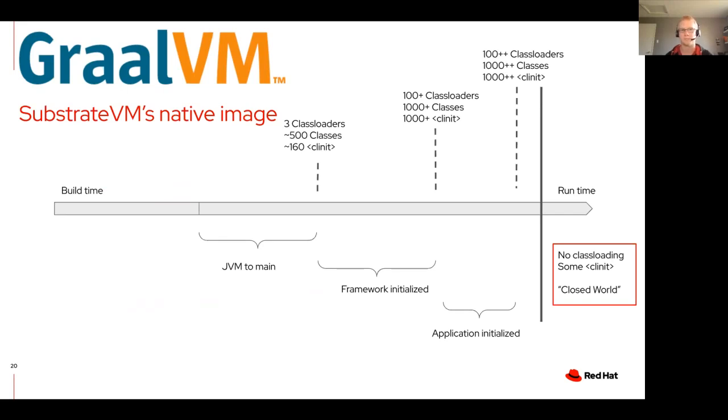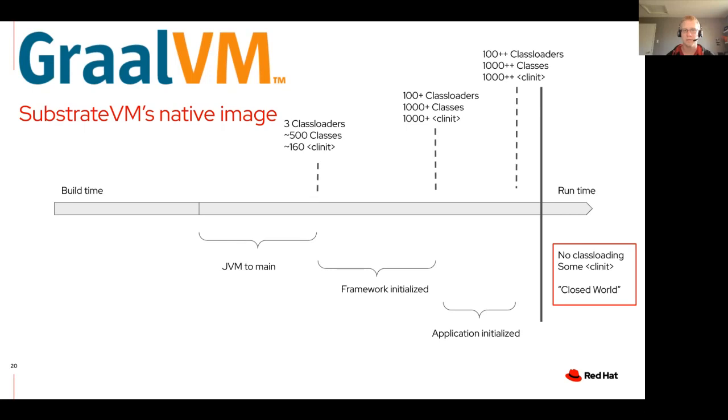But if we're interested in that static image for Java, we can try that out today with GraalVM. GraalVM has a sub-project called the Substrate VM, which is able to create native images from Java. So these are these closed world static images. And the way this works is, instead of doing class loading at runtime, all of the classes that could be loaded are found at native image build time. Those classes are loaded. Where safe, their class initializers are run at build time.